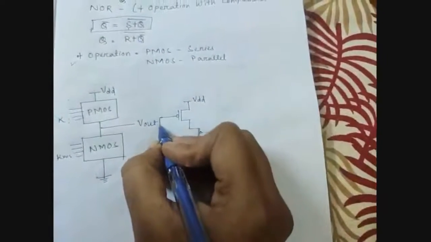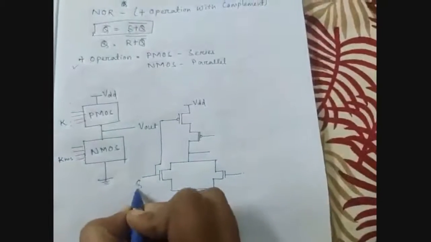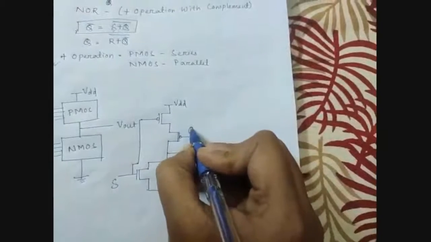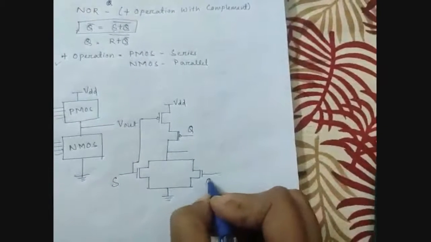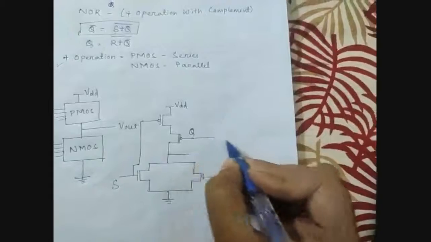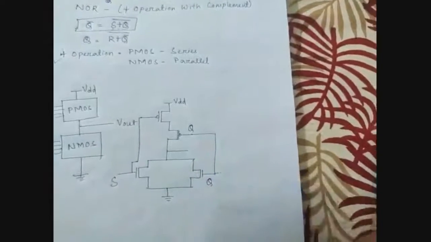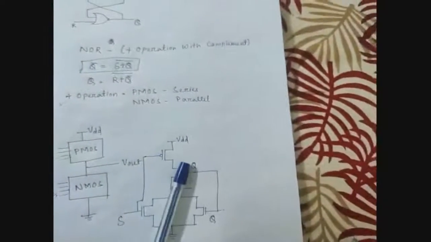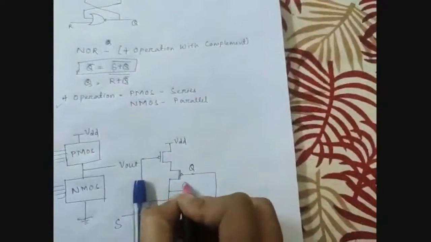Only you have to give the names, that is S, and here this one is the Q. So here, and this one is the output. In this diagram, the output is Q bar, so this one is Q bar.